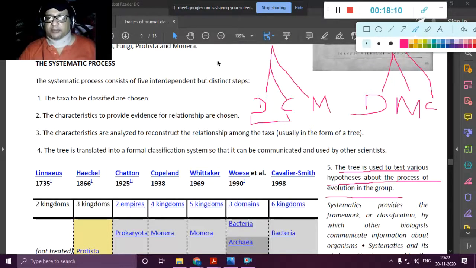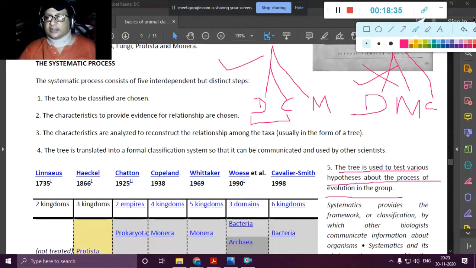So this is one hypothesis, whether this is right or whether this is right. Then you check morphological characteristics. You check characteristics of dogs, check characteristics of cats, check characteristics of man. On the basis of more similar characteristics between dog and cat, they are placed closer together. Man is much farther, so this hypothesis is taken and this is rejected.